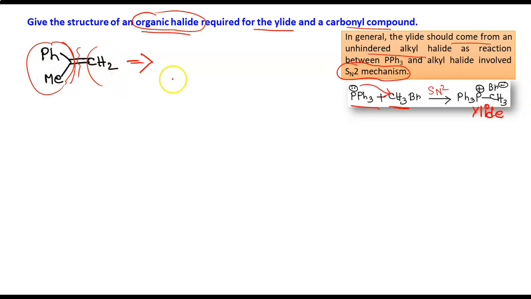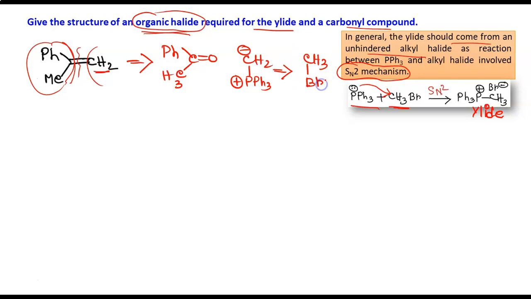So that is why when we move backward, we have to take the carbonyl from the left hand side, and the right hand side part will be the ylide. Basically the ylide structure, if you write, will be something like this. Okay, but if you want to write the organic halide directly, it will be CH3Br.